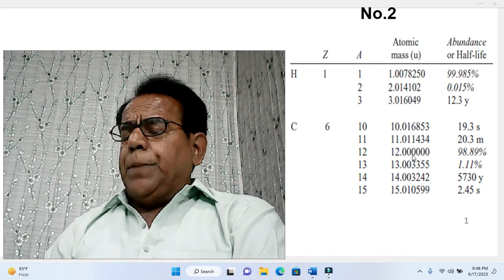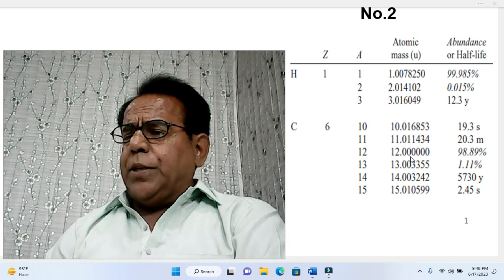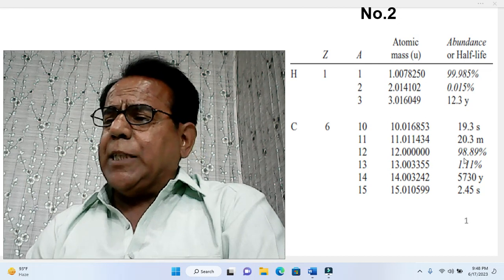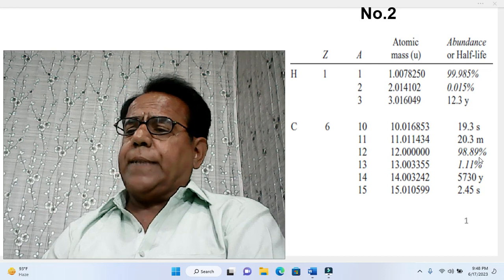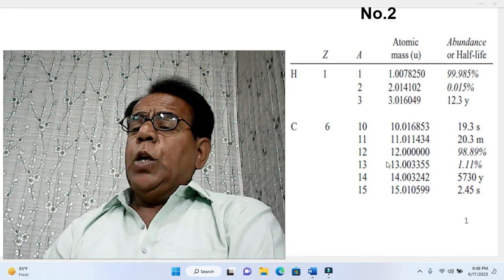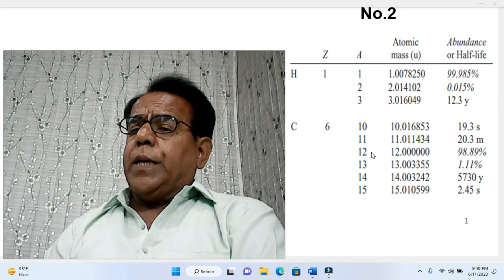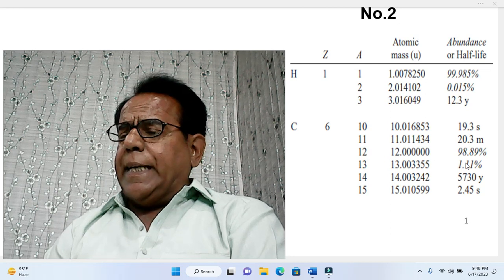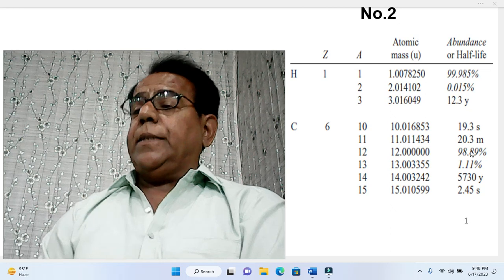The most important thing about this 12.000 is that its abundance is given as 98.89%. Okay, so we will choose this value. Carbon 12.0000, 98.89%.